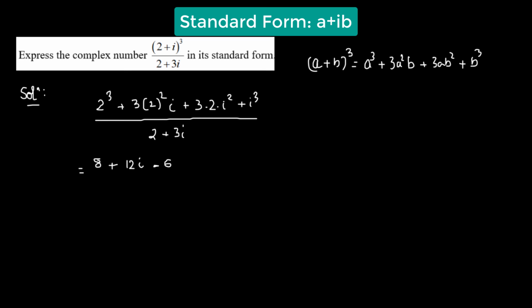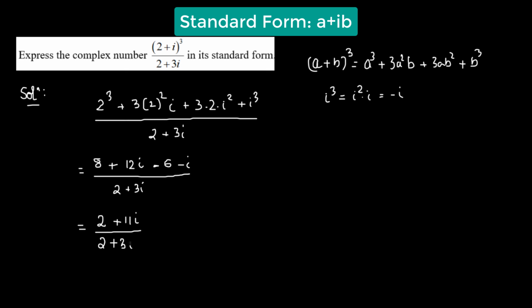And i cubed is simply i squared times i, which gives us negative i. So we have negative i divided by 2 plus 3i. Now let's combine the real parts. So we have 8 minus 6, which gives us 2, and 12i minus i is simply 11i, divided by 2 plus 3i.